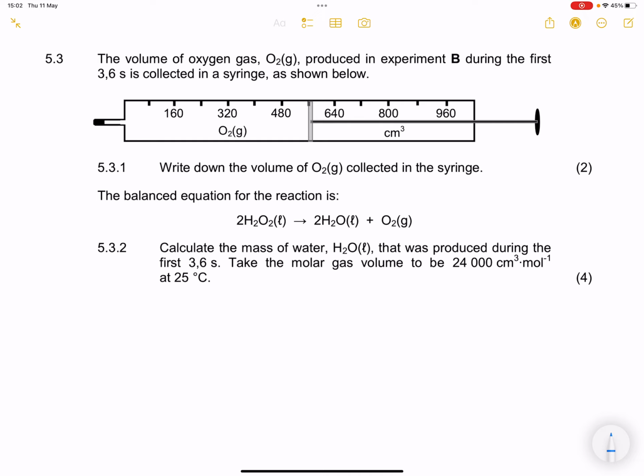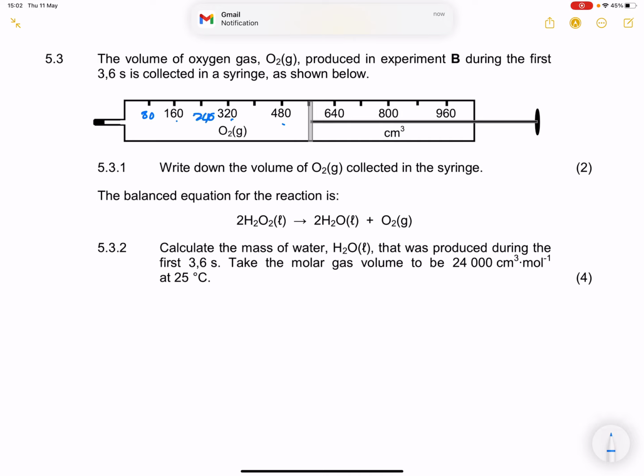Note in this case I've got 160, 320, 480, and halfway there between 480 and 640. It means this is increasing in 80s. So that's 80, that's 160, so that should be 240 over there.